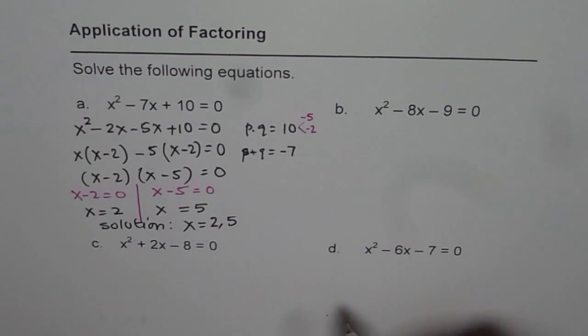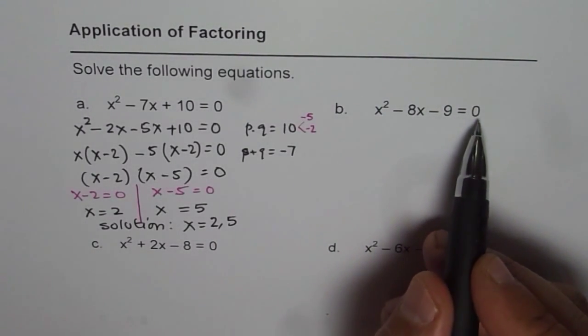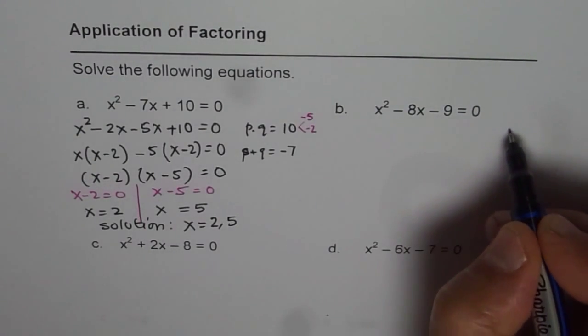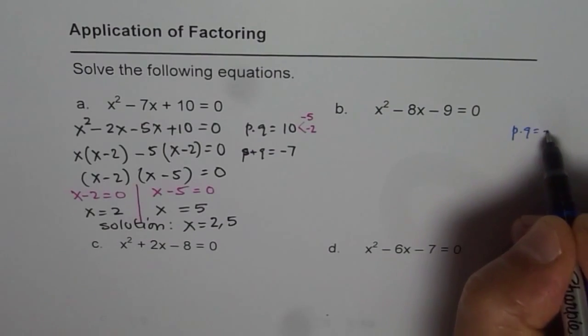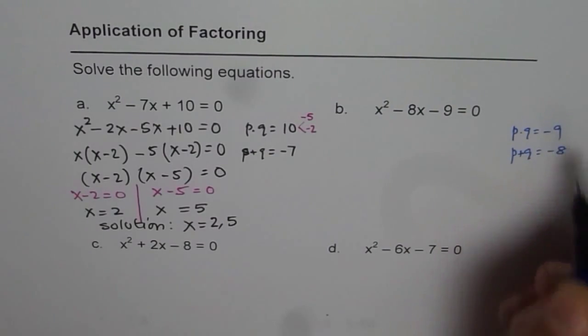Now let's do the next one. X squared minus 8x minus 9 equals 0. This time I'll do a shortcut method since I've already given you the complete explanation and by now you know how to factor. The product of the two numbers we are looking for is minus 9. The sum we are looking for is minus 8.